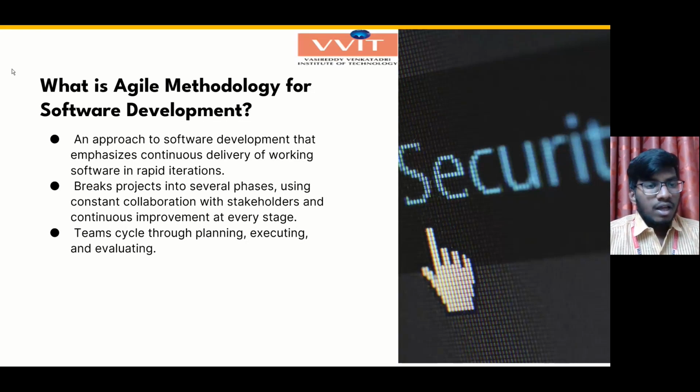Agile methodology is an approach for software development that emphasizes continuous delivery of working software in rapid iterations. As we said before, rapid iterations means rapid iterative models, which are implemented in this Agile methodology. It breaks the projects into several phases as we discussed before.